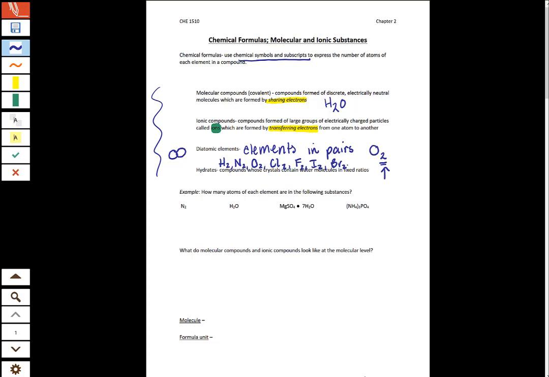And then hydrates are our last classification, and these are very interesting. These are ionic compounds that have water stuck in between the ions. So ions with water molecules stuck between the ions.